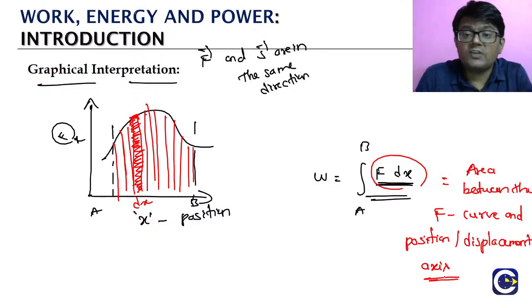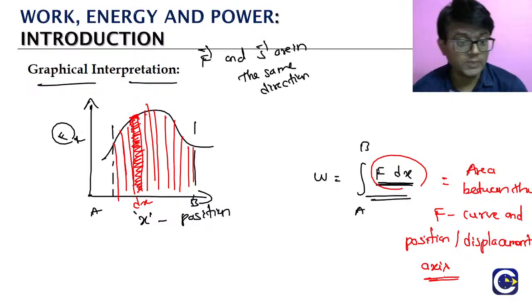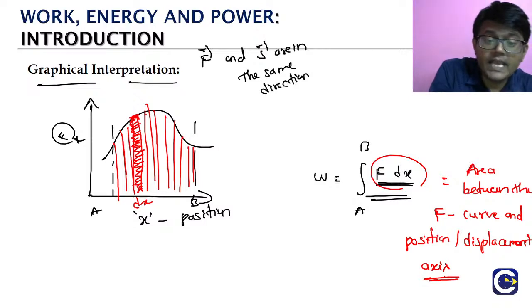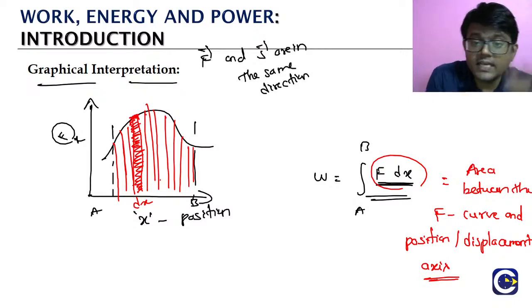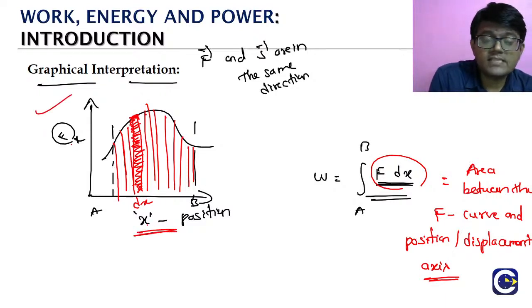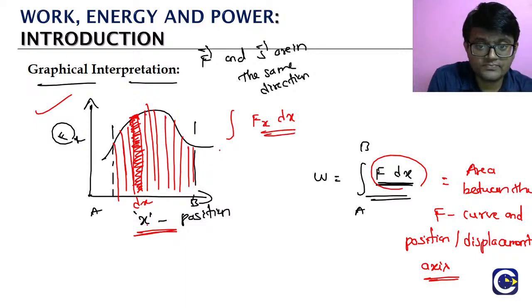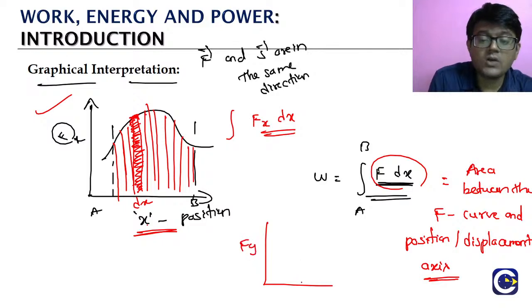But if the force is not along the direction of the displacement, then we have to look at three such graphs. One is the x coordinate versus the x component of the force. Remember, this is integral fx dx. Then we look at the y component of the force along with the y position.